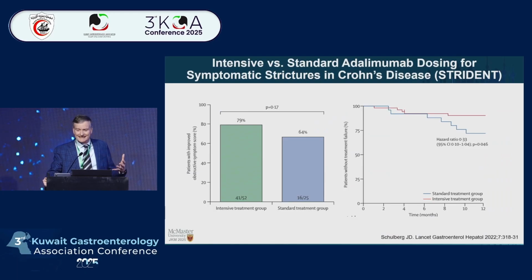It was technically a negative study. That difference in the score between the green, which was the intensive treatment group, and blue, which is the standard treatment group, did not reach statistical significance. But on the right, if you look at the likelihood of progressing to further intervention, that did significantly favor the more aggressive treatment regimen.